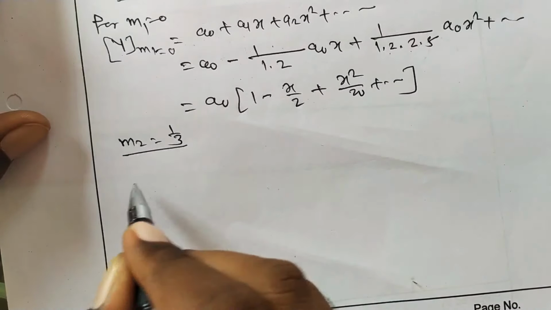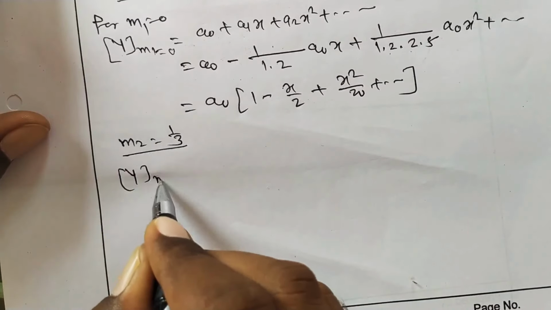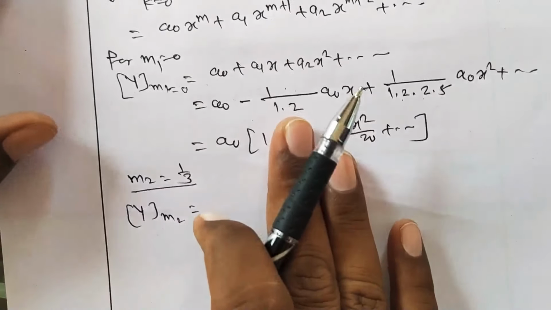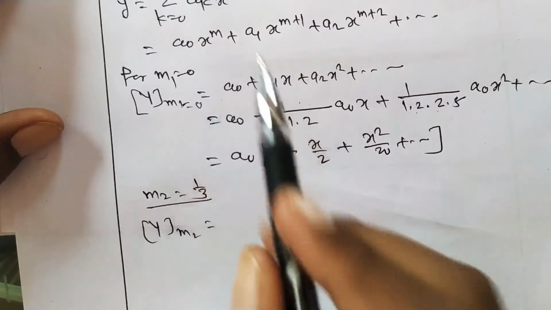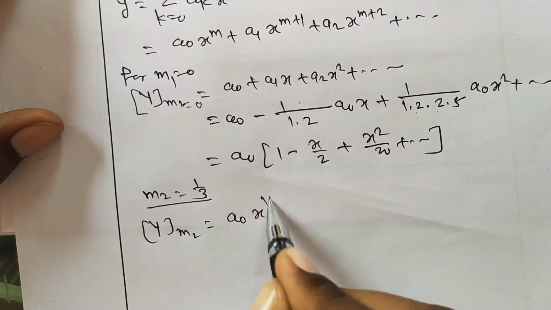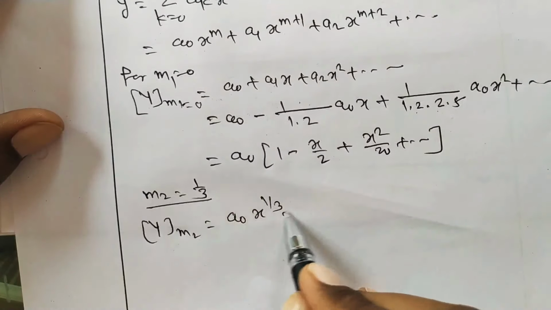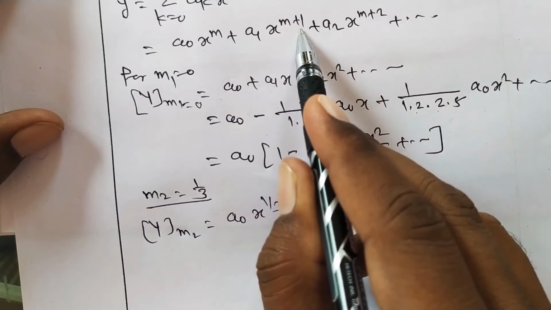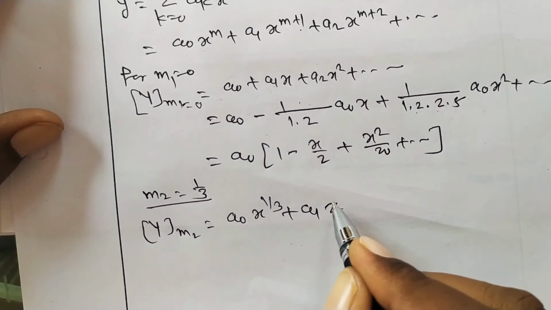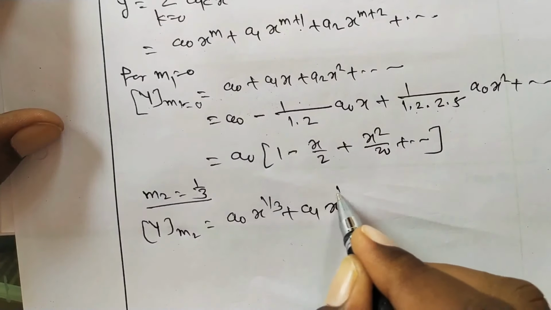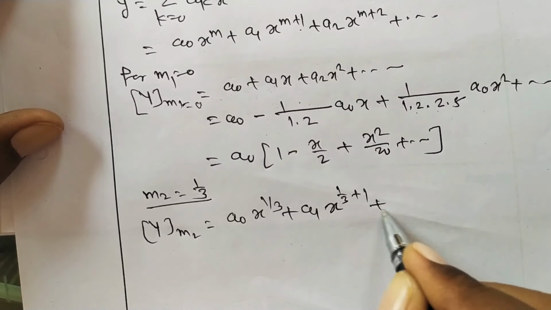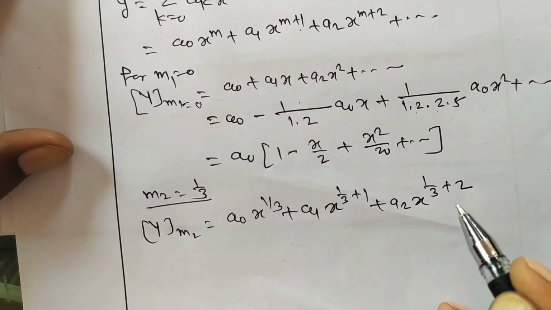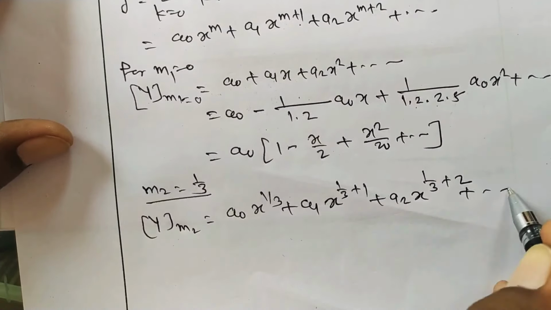So if we take m2 equal to 1 by 3, then y at m2 can be written as, here if we take m equal to 1 by 3, okay, so a0 x to the power 1 by 3 plus a1 x to the power 1 by 3 plus 1, we will write one more step here, and plus a2 into x to the power 1 by 3 plus 2, okay, plus so on.